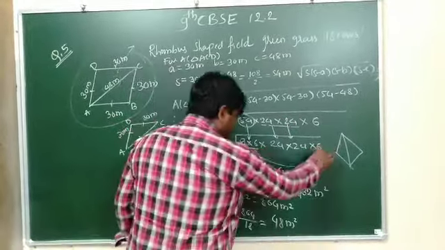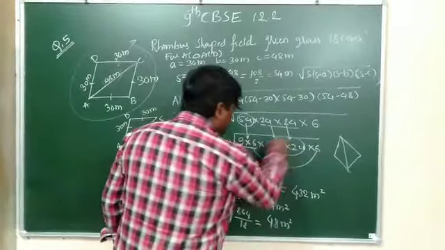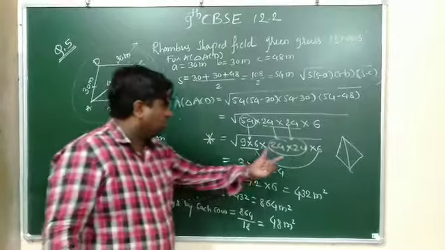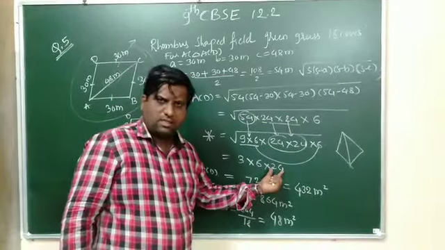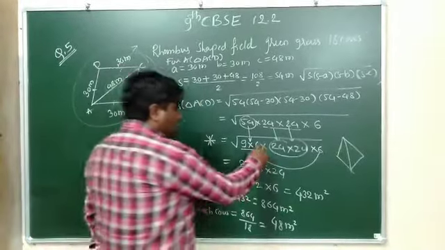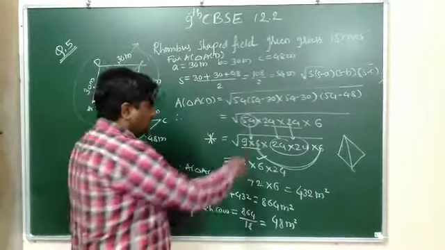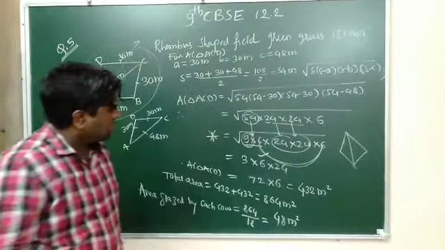By observing, instead of 2 times I will write 1 time, because the square root gets cancelled. I have two 6's, so I will go with one. The square root of 9 is 3.